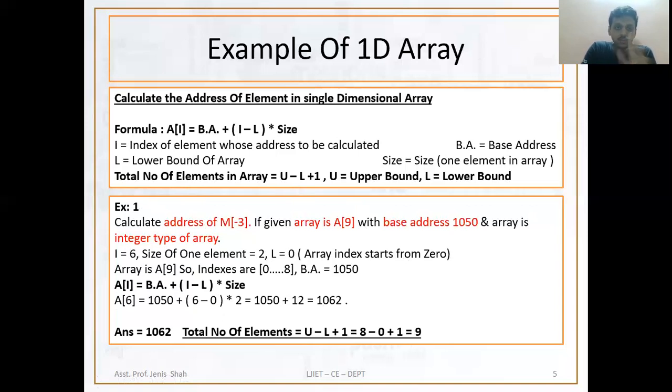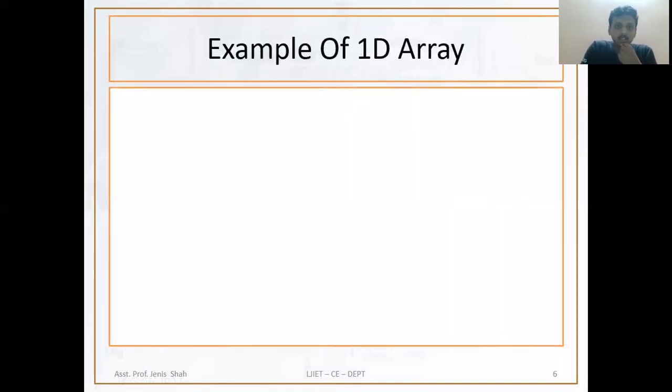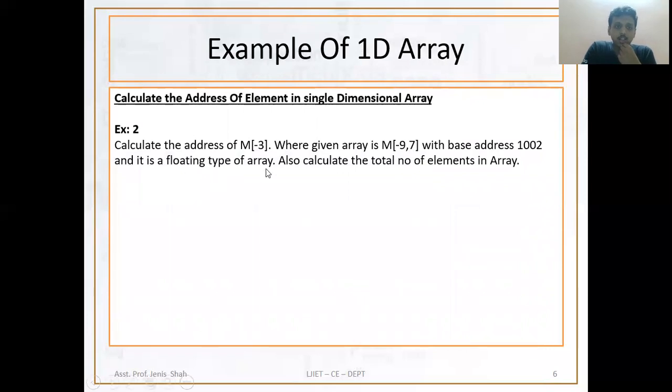Okay. So let me explain another question. Calculate the address of m of minus 3 where the given array is m of minus 9 comma 7. So is it ever possible, m of minus 9 dot dot 7?